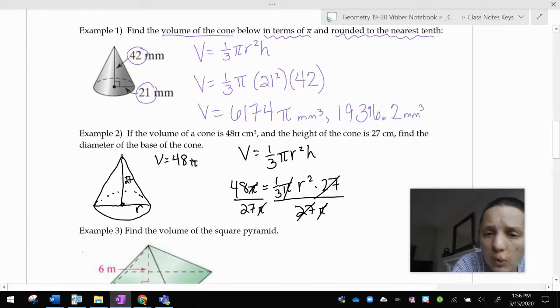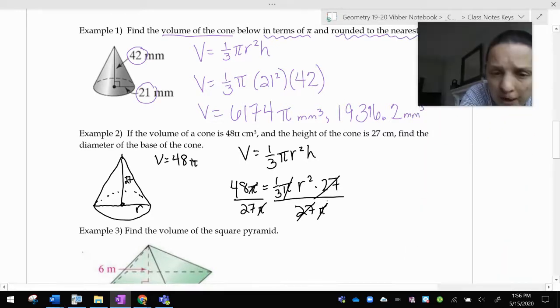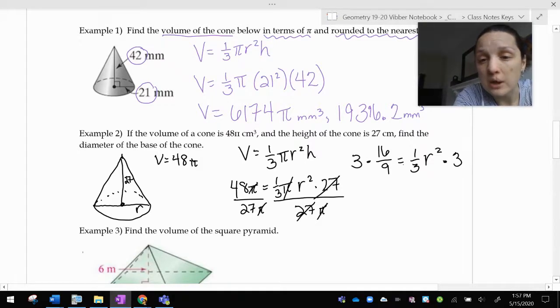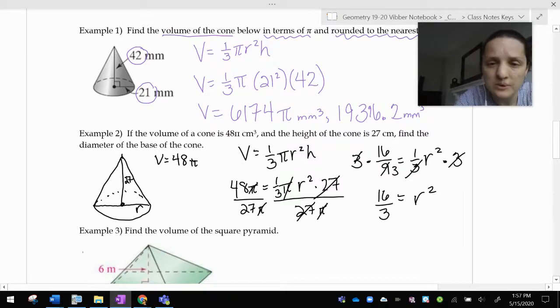So I have 16/9 equals 1/3 r squared. Now I've got to get rid of that 1/3, so I'm going to multiply both sides by 3. And so this will just be r squared. Well, 3 goes into 9 3 times, so this is now 16/3.